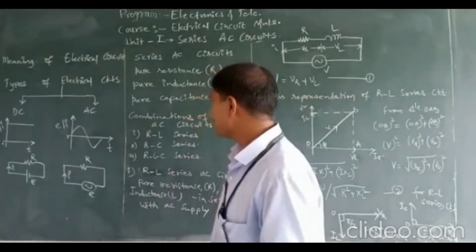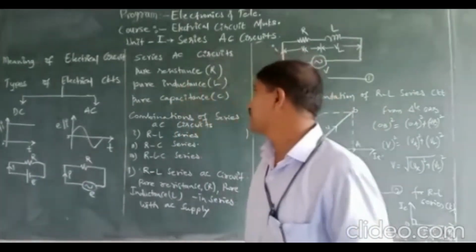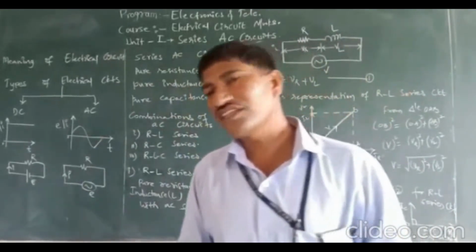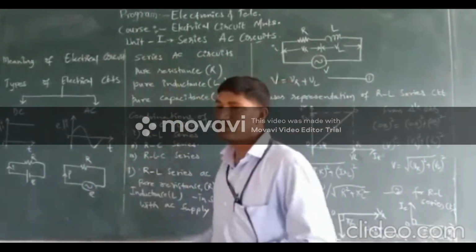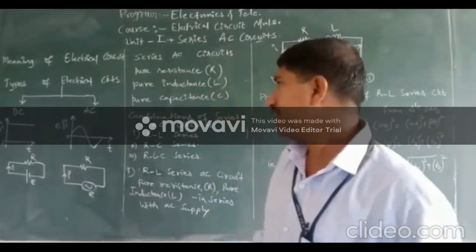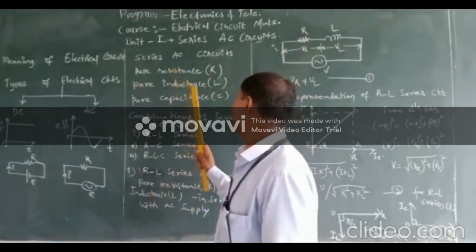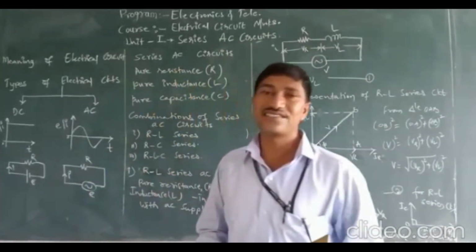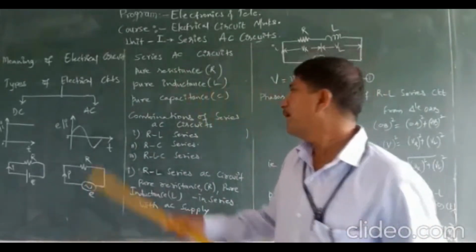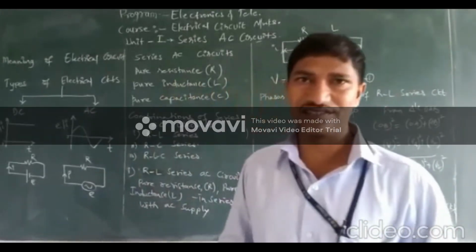Now let us see the main content of your chapter number 1, that is the meaning of series AC circuit. So series AC circuit is nothing but an end-to-end connection, in brief. So any of the electrical components such as resistance, inductance and capacitance can be connected either in a series manner or in a parallel manner, depending upon the requirement of the electrical circuit.